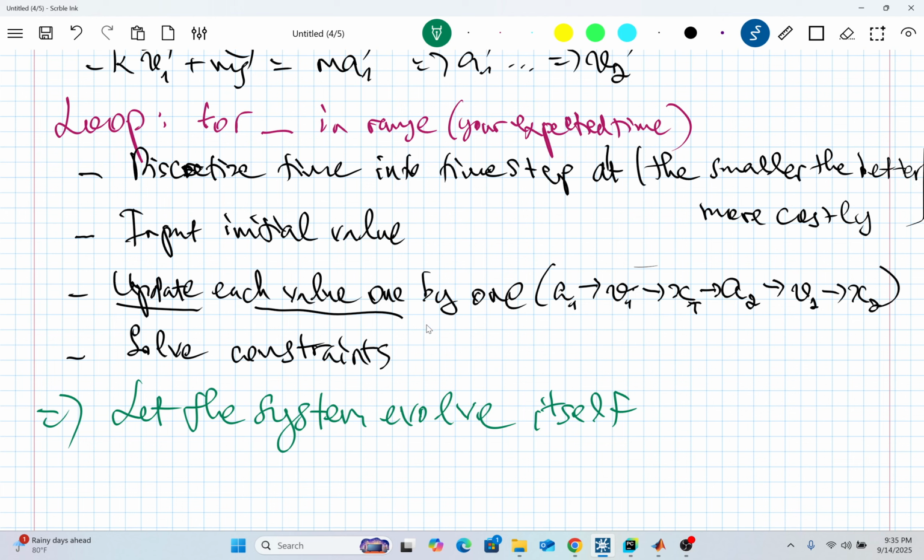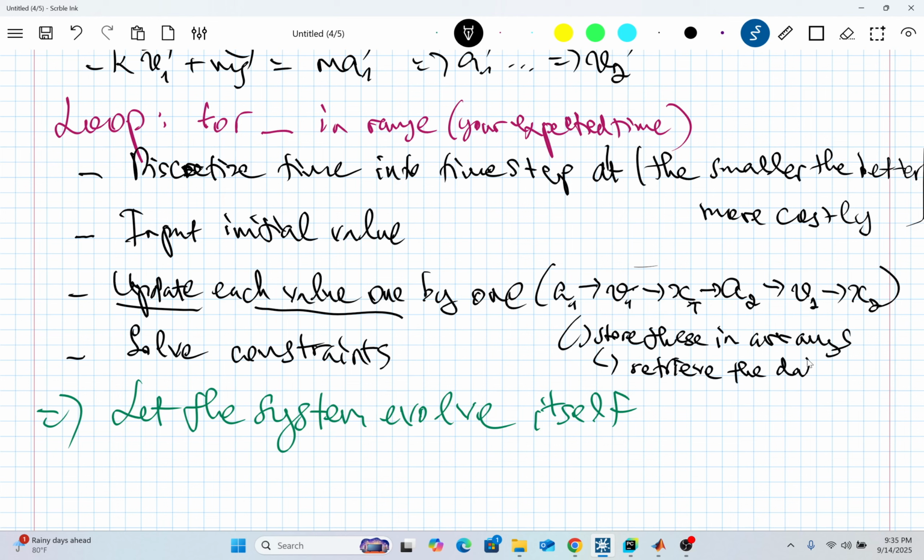It will get A1, V1, X1, A2, V2, X2, A3, V3, X3, and you can store this in your arrays, and you can retrieve the data you want. That's the basic concept.